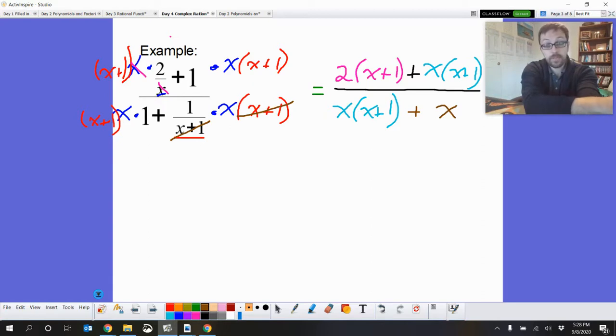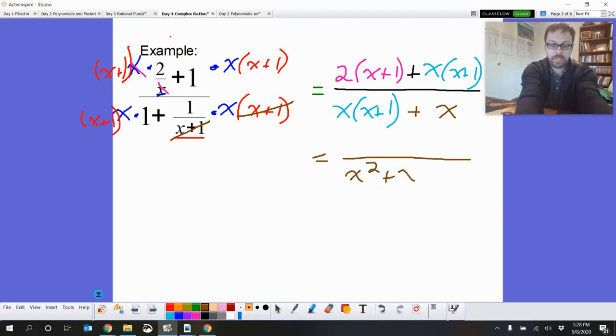Now we want to multiply all of those pieces together to see if we can factor anything and cancel some more stuff out. In the numerator, well, here I'm going to do the denominator first. So we'll do x squared plus x plus x. So our denominator ends up being x squared plus 2x.